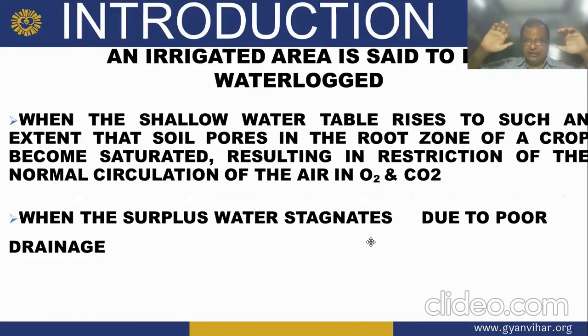Now, an irrigated area is said to be waterlogged when the shallow water table rises to such an extent that soil pores in the root zone of the crop become saturated, resulting in the prevention of the normal circulation of air, O2 and CO2, when surplus water is retained due to poor drainage.